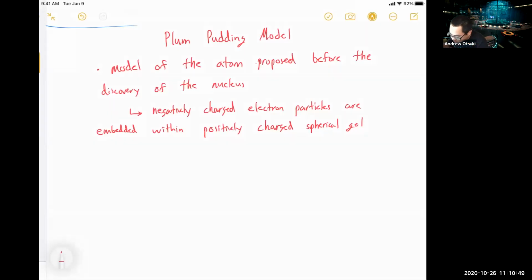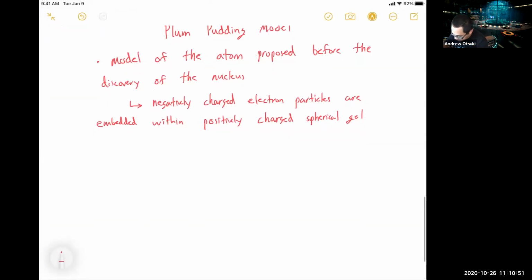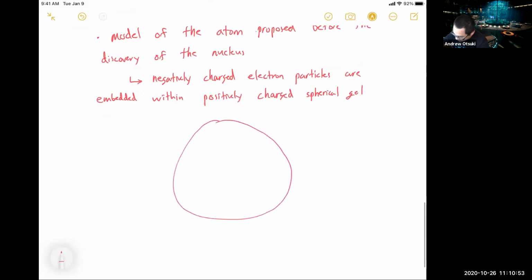And I could draw something that looks like it. Let me see. Yeah, so for example, say this was net positive, right? There are positive charges everywhere.